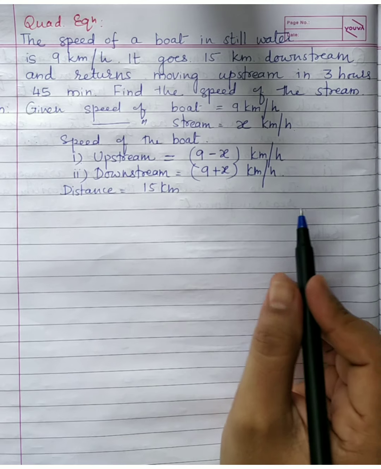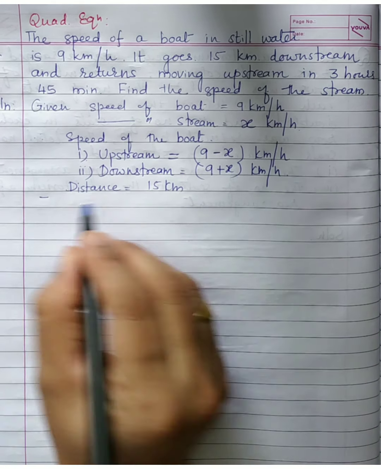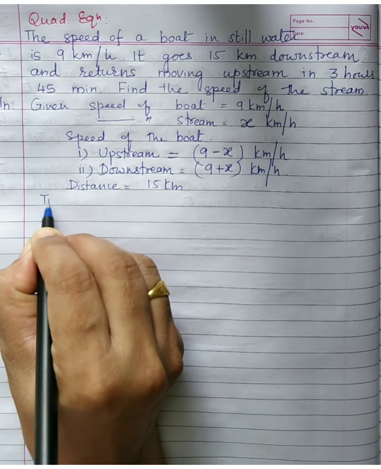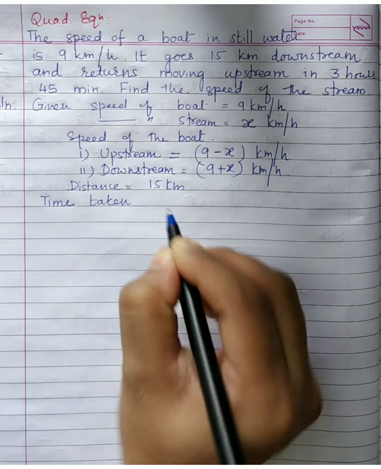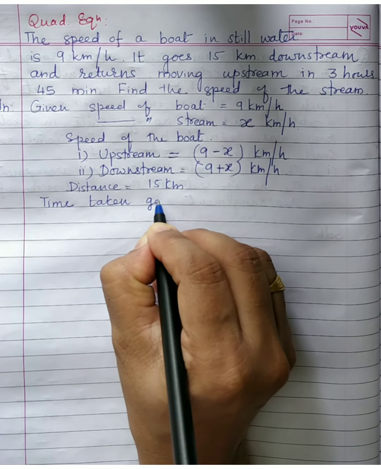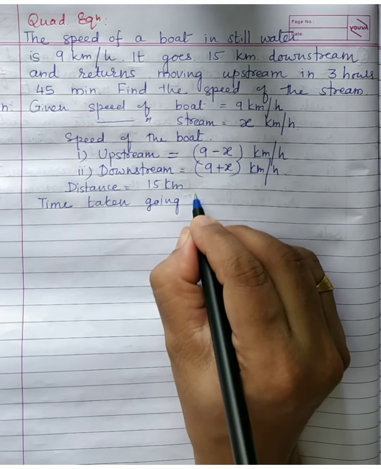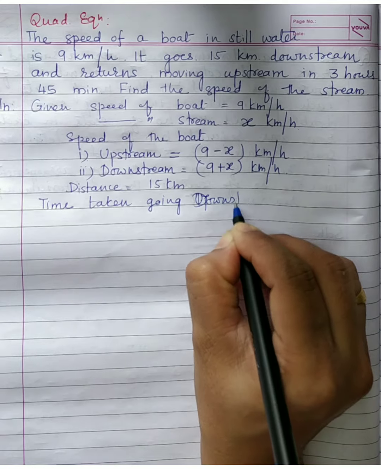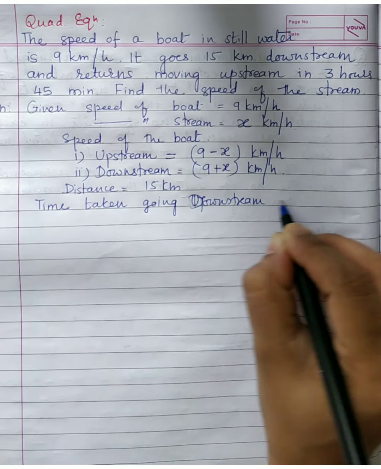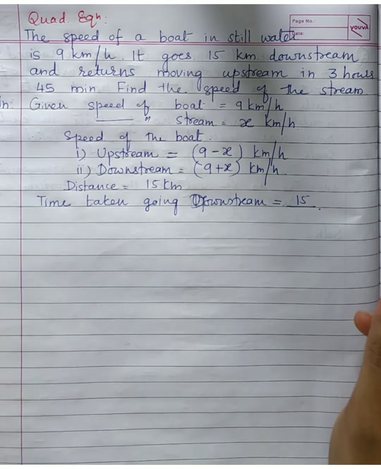So again, speed is equal to distance upon time, so time is equal to what? Distance upon speed. So two timings you have to find. Time taken going downstream: it will be distance 15 upon the speed.